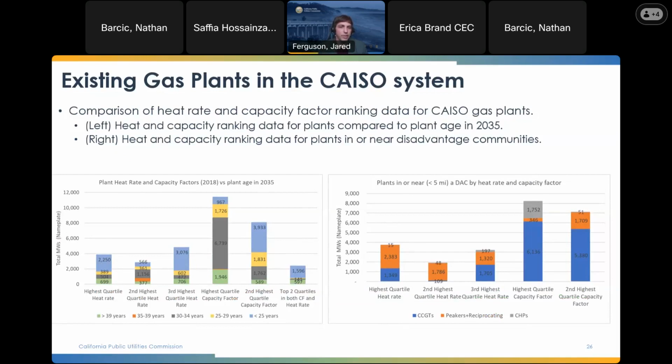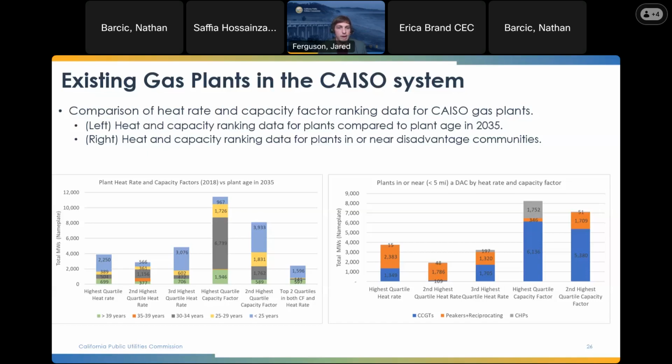So in the left 3 columns, the first is the top 25% highest heat rate, and you can see those plant ages there. The second is the second highest 25%. The third column is the third highest, or second from the lowest 25%. So you can see the breakdown of age and megawatts that fit within each of those quartiles.